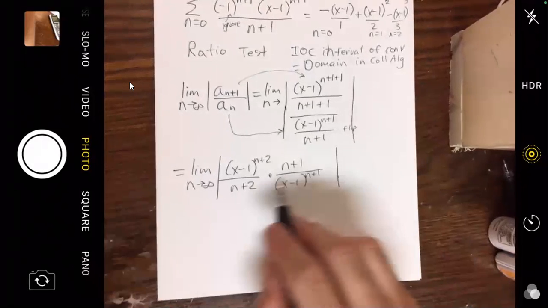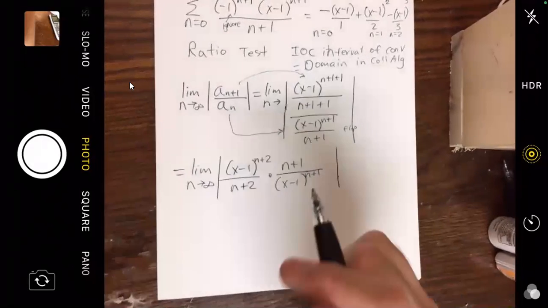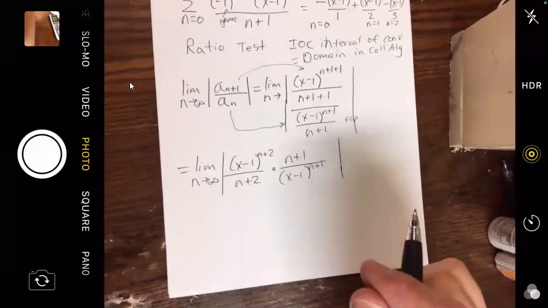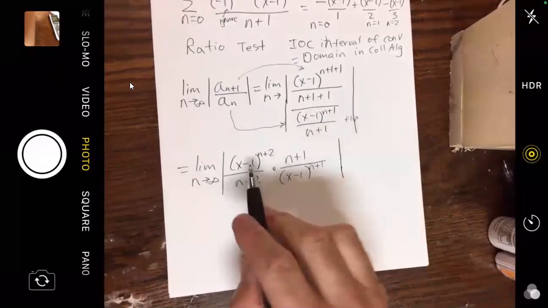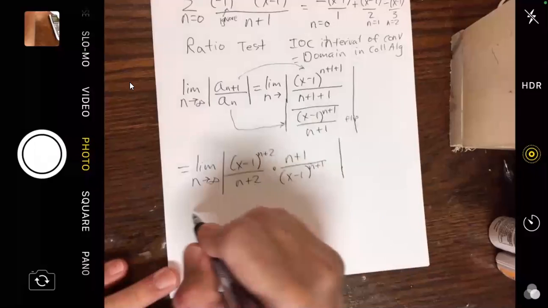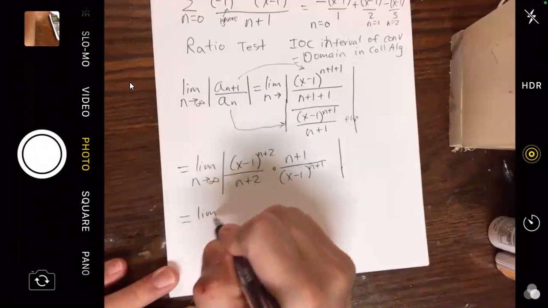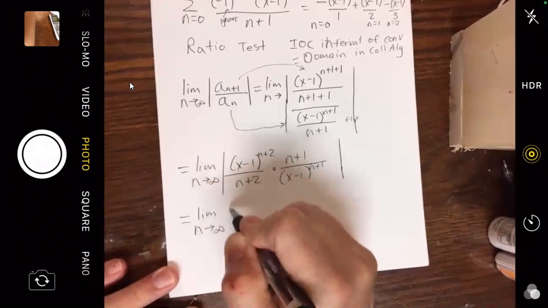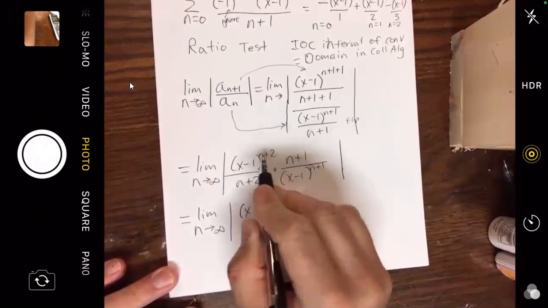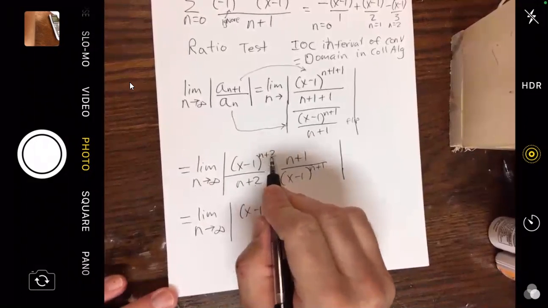Notice the absolute values are important because that's what's going to spread out my interval at the end. All right, what I'm going to do is collect terms. I'm going to collect the x minus 1 terms, and collect the n plus 1 over n plus 2. I'm going to have x minus 1 to the n. Remember how you can spread out a sum in the exponent?